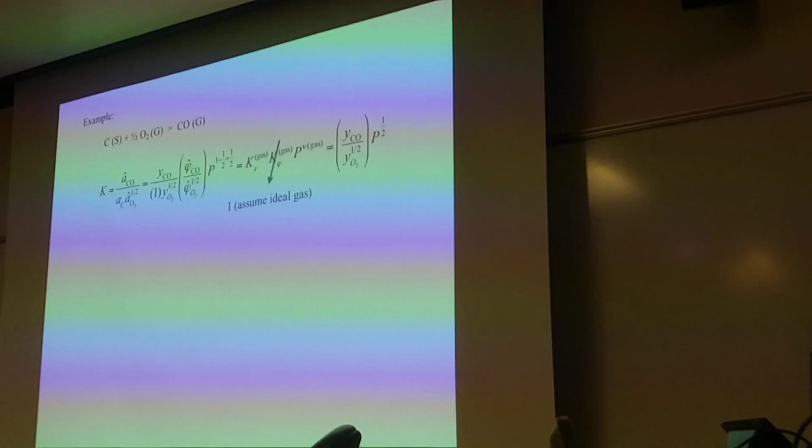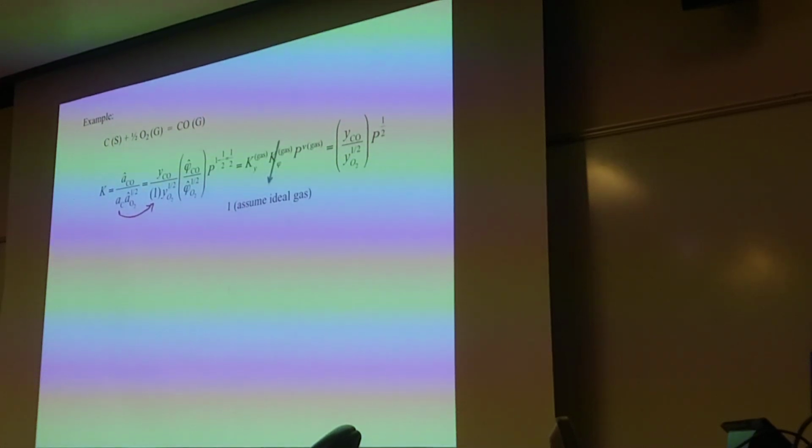But now remember, we said that this is just going to be equal to 1 at all but high pressure situations. And the K phi that's involved doesn't involve that solid component, so these are just the gas phase components. And now P is going to involve just the gas phase components. So the relevant value of nu up here for the gas phase is just going to be 1 minus 1/2, or 1/2. So everyone get that?